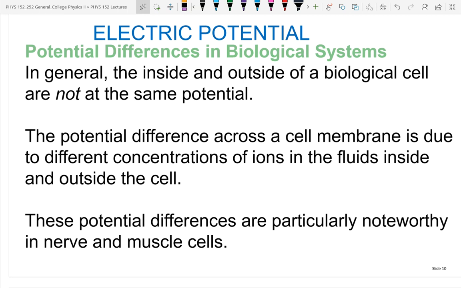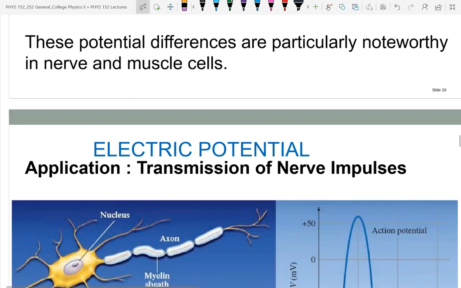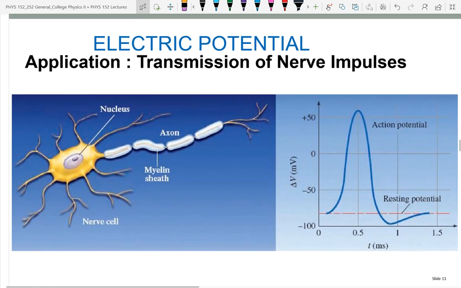You have the body running as basically an electrical machine. We have electrical impulses that make our muscles contract, and electrical impulses that carry signals through our nerves. The voltage differences, the potential difference across the cell membrane, is part of how our body communicates. So this is just an example.